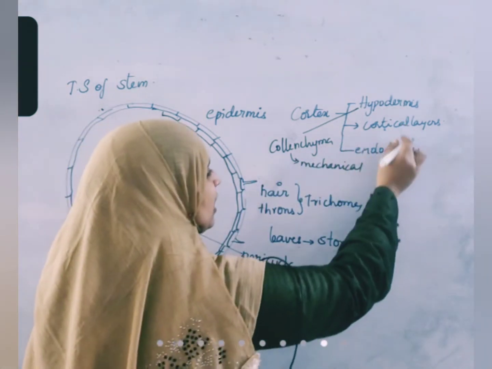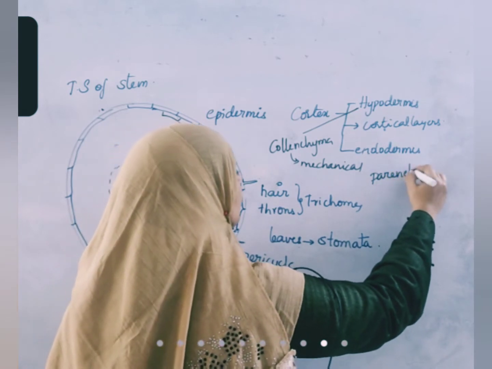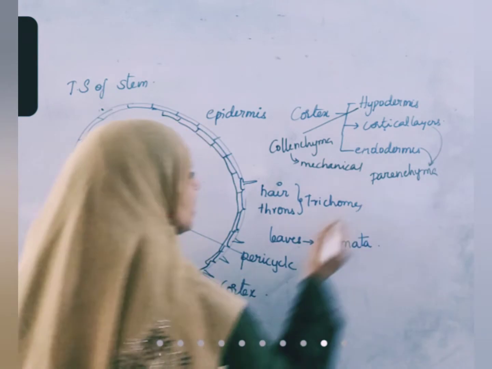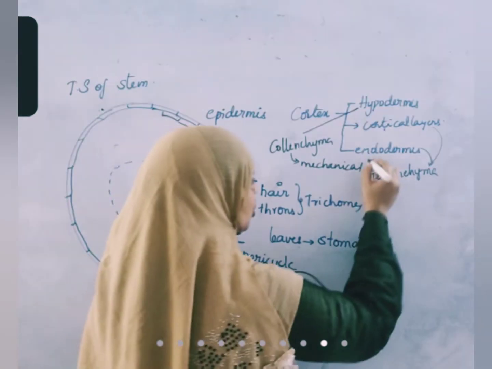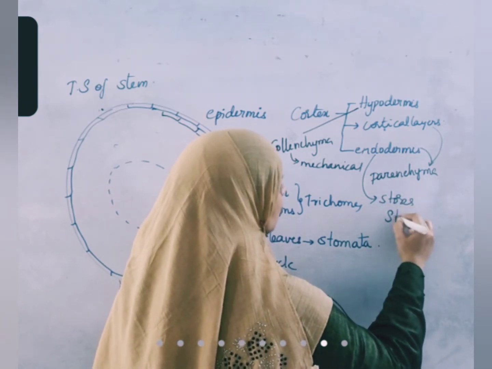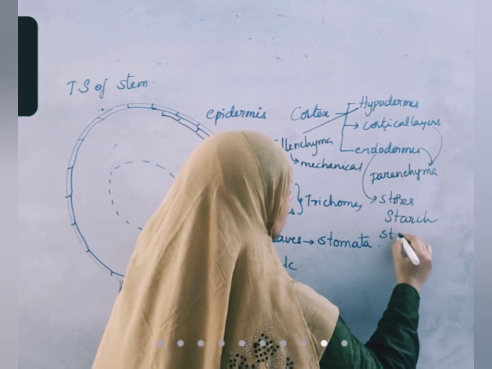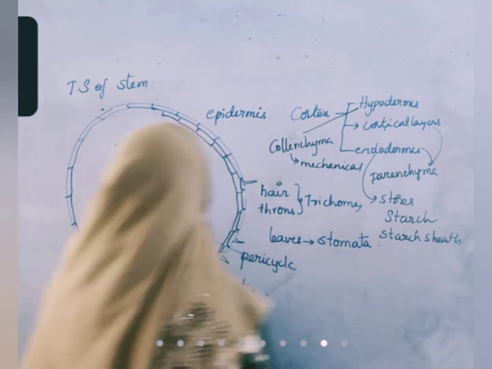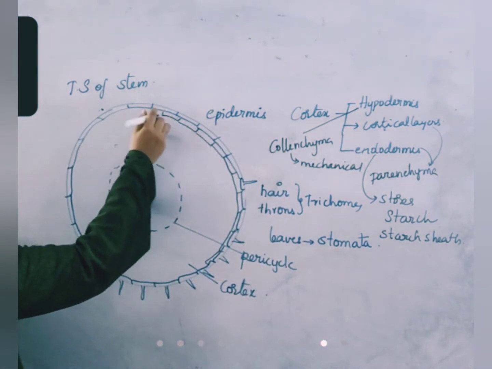After that, the cortical layers and endodermis are both made up of parenchyma only, but the difference is endodermis stores a lot of starch. So that is why it is called the starch sheath.